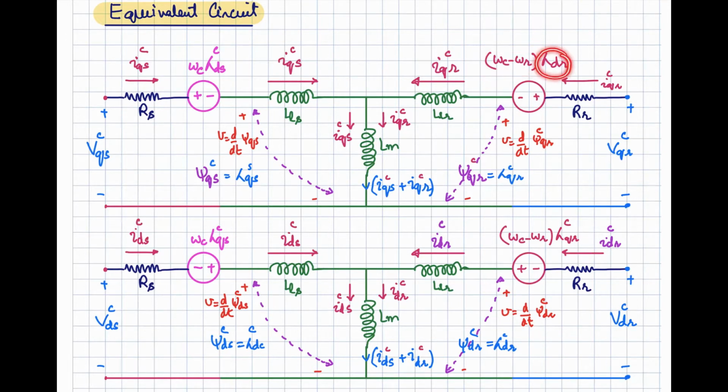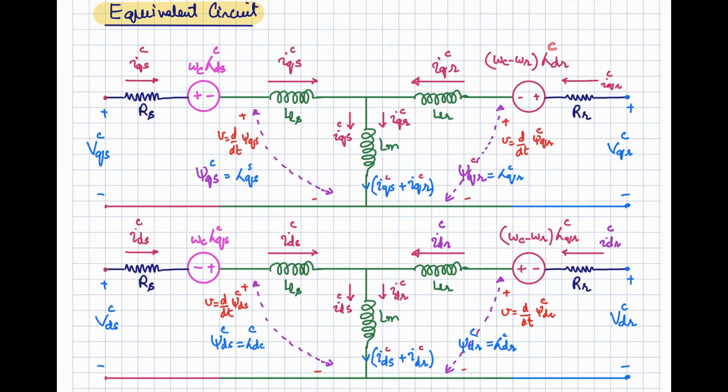So these are the flux linkages of the d-axis. Because of that, the voltage that will be induced in the q-axis is shown by this one. And definitely there will be the superscript c over here, because these are the flux linkages in the arbitrary frame of reference rotating with the speed omega c.